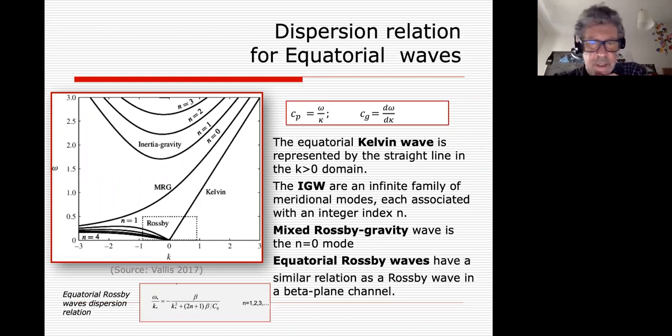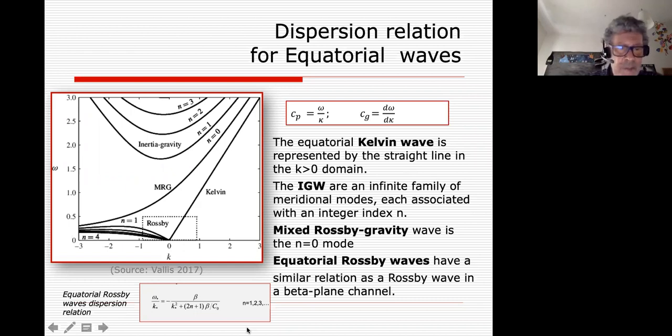What is interesting to see here is that the phase velocity in this dispersion relation graph is given by the ratio between omega over k. The group velocity is the derivative of omega with respect to k.